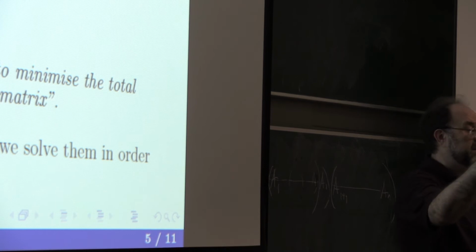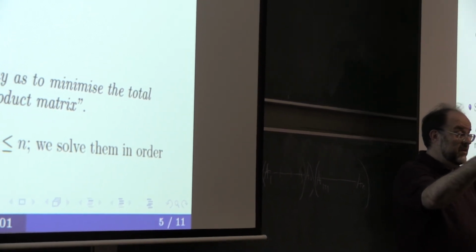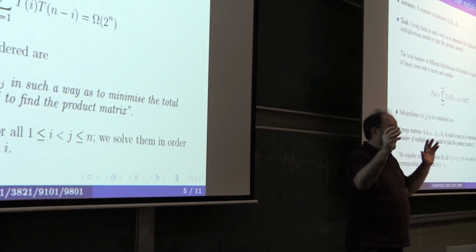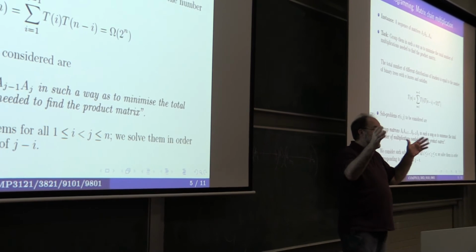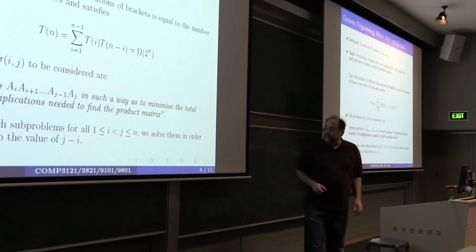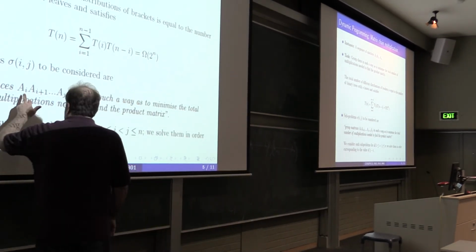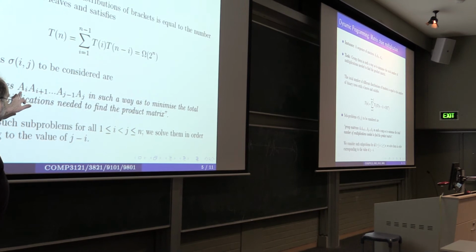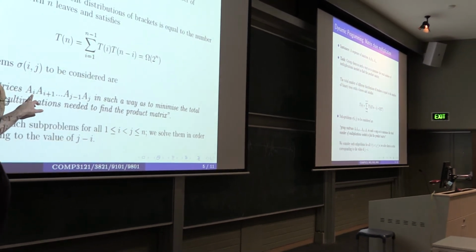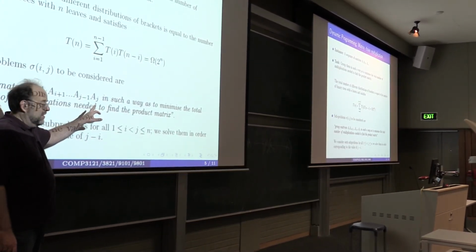So the idea is then to consider the following generalization. All we care about is the optimal placement of parentheses for the n terms. But this is hard to tell directly, so instead we generalize the following. We find the optimal placement of parentheses for any substring of the matrices from matrix AI up to matrix AJ.